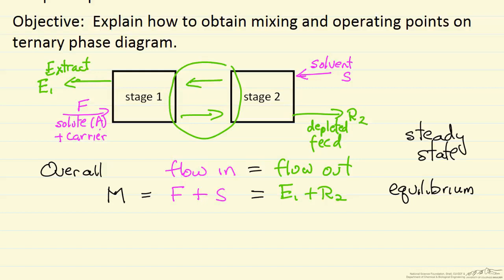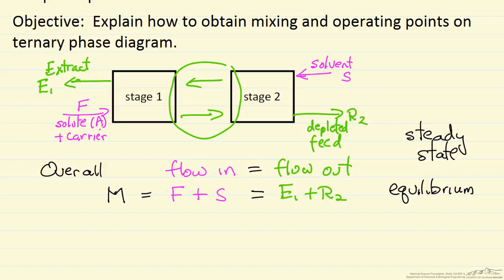You can look at M as being the composition that results if we just mix together our solvent and our feed and measured its overall composition. And of course that has to be the same as the overall composition of the two streams leaving, because we're at steady state.